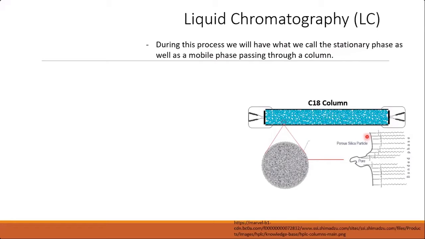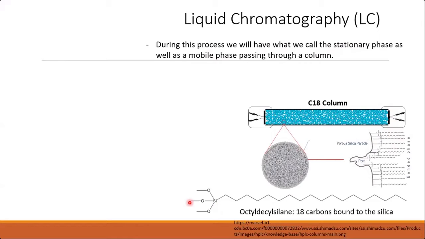Pretend this is the edge of our bead. Our bead will have pores all around it, and we'll also have very long carbon chains attached to them. Here we can see a zoomed in picture of what this group looks like. This is going to be 18 carbons bound to a silica. Here we want long chains to have more interaction with our sample.